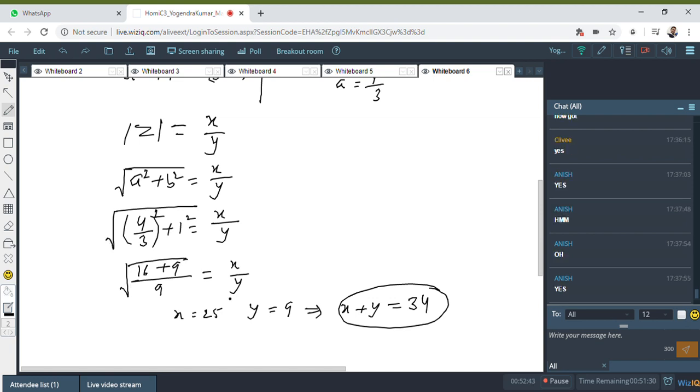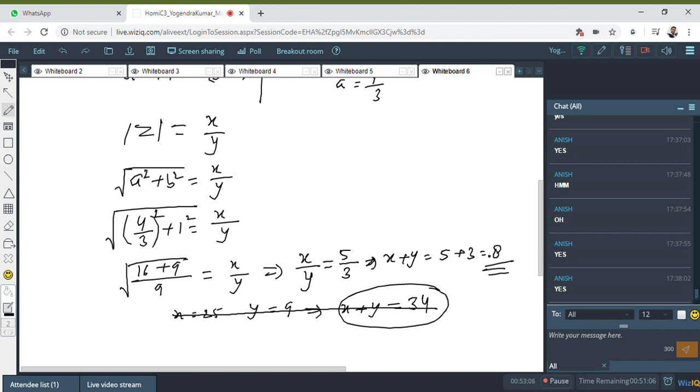See, these silly mistakes are what we need to avoid. Guys, remember, that is the main reason I used to get less marks. But you need to remember that we need to avoid these mistakes. 8 is the answer.